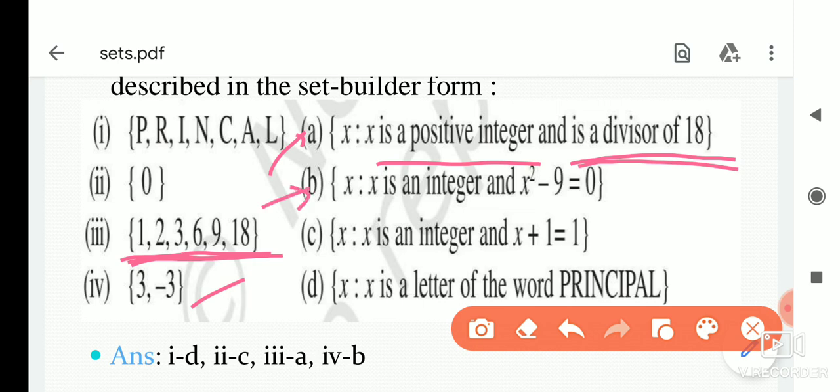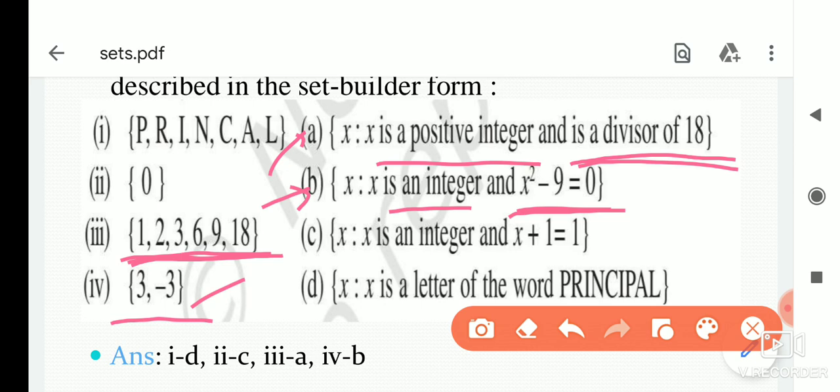So if you see this example, set B, set of all x such that x is an integer and x square minus 9 equal to 0. So you can see here there are two integers, 3 comma minus 3. So the first property is matched. Now the second is x square minus 9 equal to 0. If you solve this equation, you will get two solutions, 3 comma minus 3.